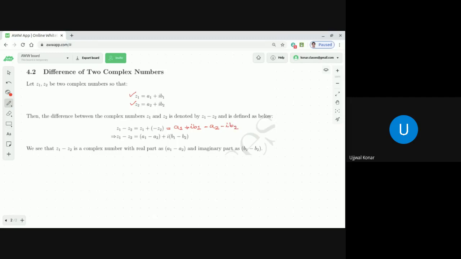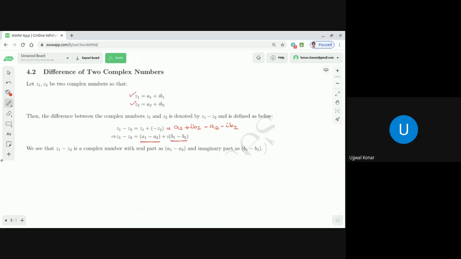After that, we make the real part together and the imaginary part together. The real part together gives A1 minus A2, and the imaginary part together gives B1 minus B2. So Z1 minus Z2 is a complex number with real part A1 minus A2 and imaginary part B1 minus B2.